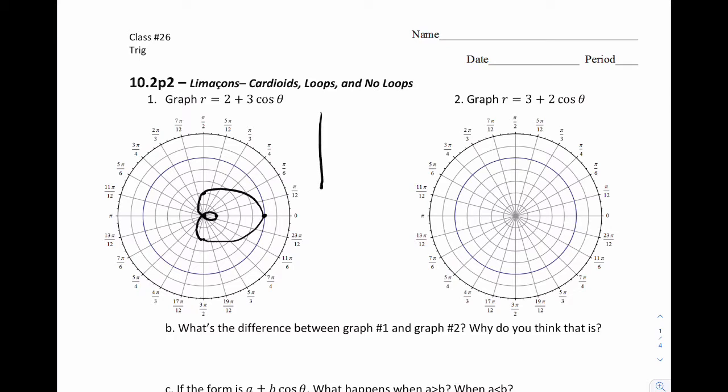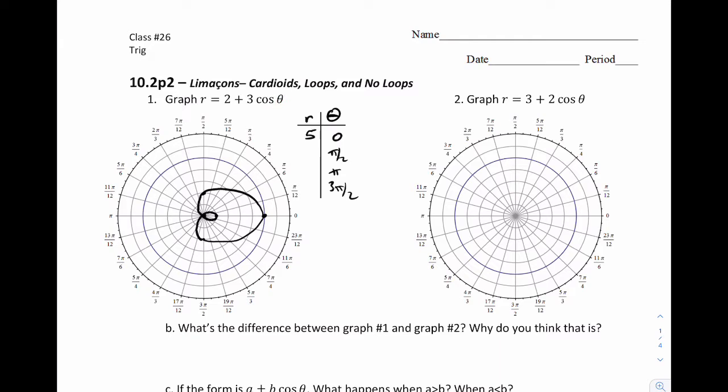And to make a chart, I'll quickly make an r theta chart. We'll use 0, pi over 2, pi, and 3 pi over 2 as our regular points. Right here we can see we are 5 units away, so put 5. You can also just plug in 0 right here.